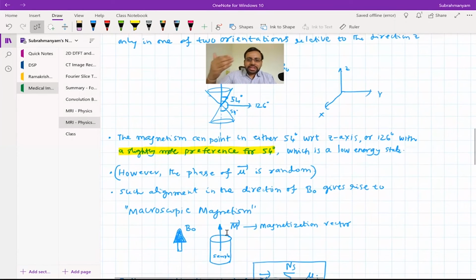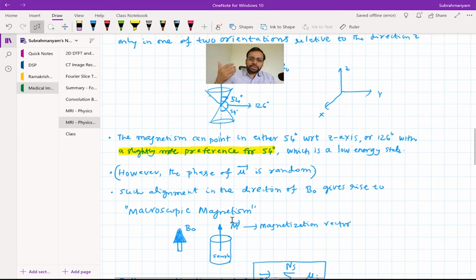Just to draw parallels: mu is the magnetic dipole moment at the micro scale, and mu is related to the angular momentum s bar. Similarly, at a macroscopic level, the magnetism that you have now is m bar, and that would also give you the angular momentum associated with this m bar.